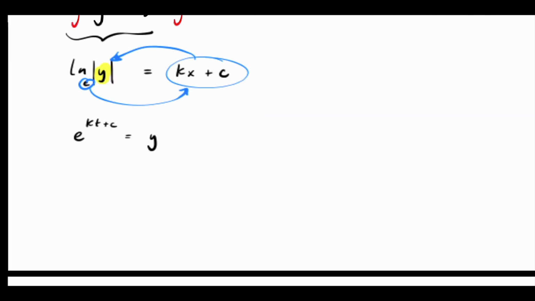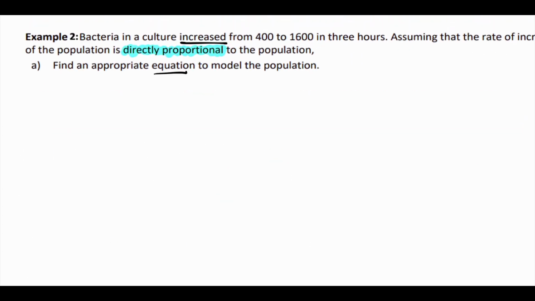Okay, so this is how it's going to look. D blank over D blank equals K times blank. Time is going to be my independent. Independent is what? X or Y? X. So that goes there, right?